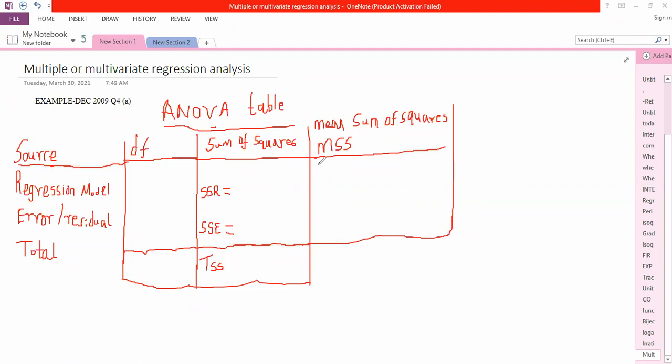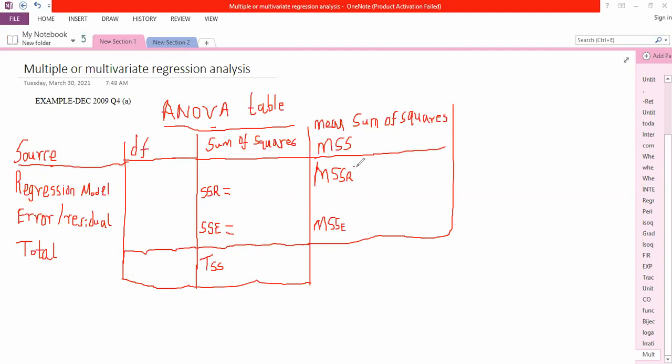We don't find the total. So I'll call this the mean SS, that is for the regression, and I'll call this one the mean sum of squares due to the error term.